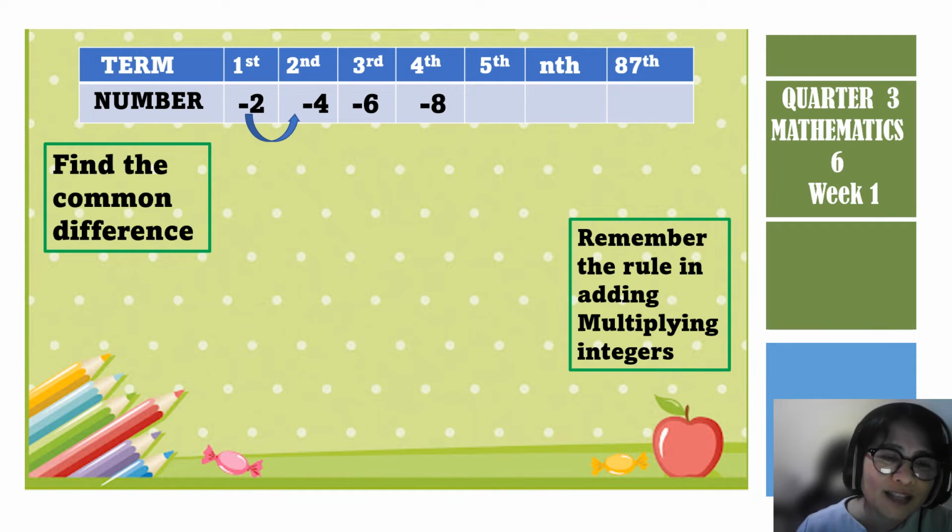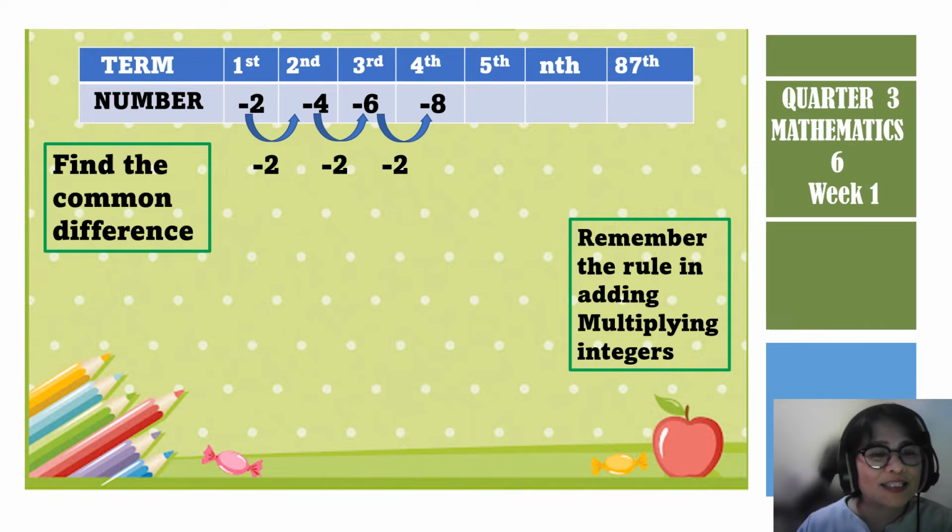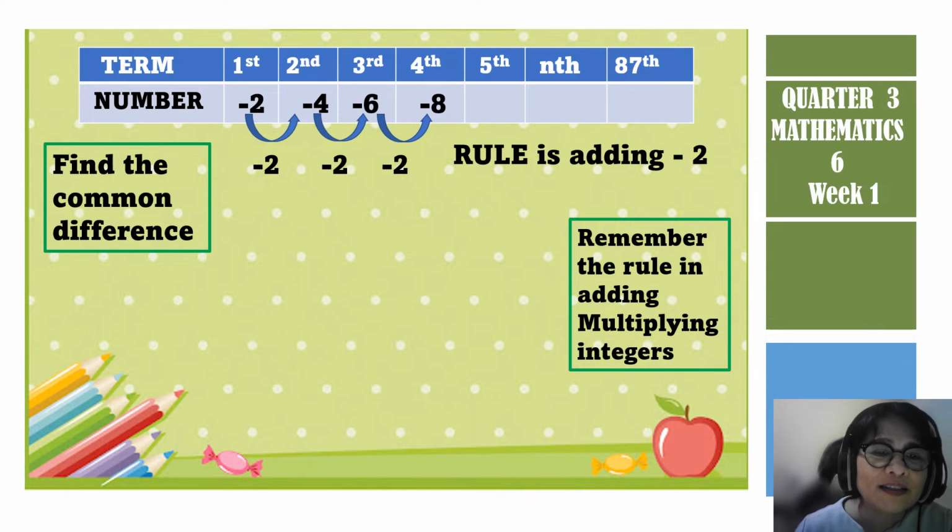So, if we add negative 2 to negative 4, we have also negative 6. And if we add negative 2 to negative 6, meron tayo negative 8. So, ang ating common difference ay negative 2. And then, ang ating rule ay subtracting or adding negative 2.